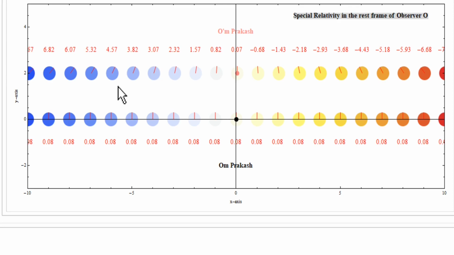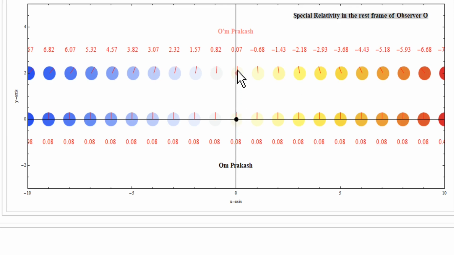So this is what we mean by the relativity of simultaneity. That is, what appears to be a simultaneous instant of, let's say, Om Prakash and O prime Prakash meeting face to face is not a simultaneous instant. This time registers as a time of 0.07 seconds on all the train clocks observers. They will agree that at 0.07 seconds on their synchronized clocks, O prime Prakash came face to face with Om Prakash.